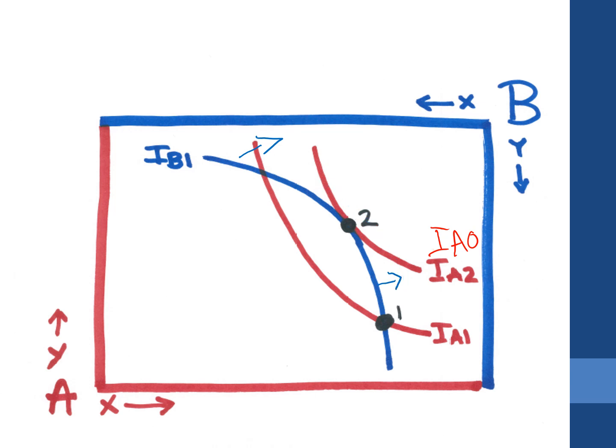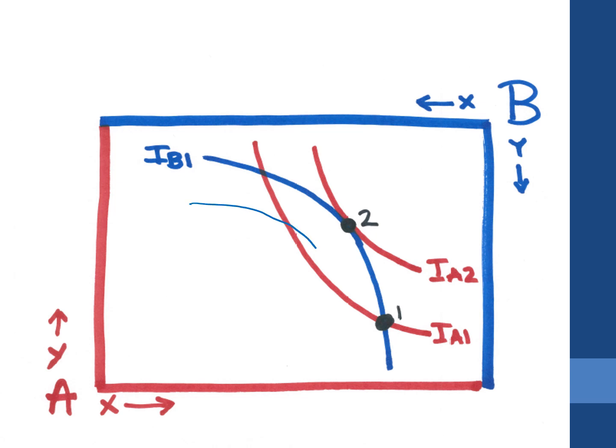And that means person B is being made worse off. The only way to make someone better off without making someone worse off is we can't. We can't do it. So we have Pareto efficiency then. The only way to do it is to make someone worse off.